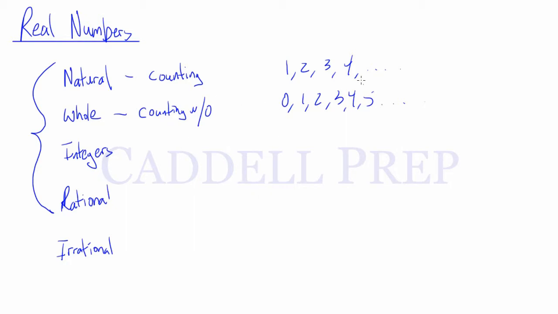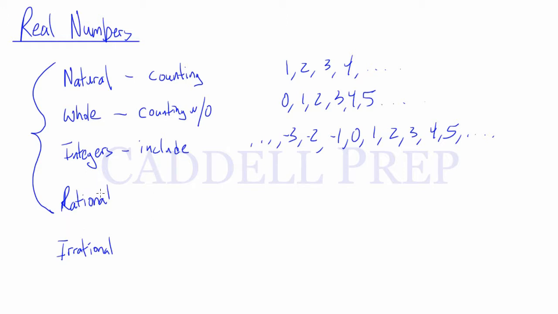Integers are just like these, except we include negatives. So just like we have 0, 1, 2, 3, 4, and 5, and we keep on going, we go negative also. So negative 1, negative 2, negative 3, etc.